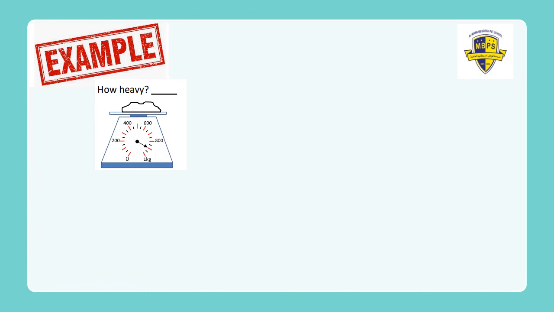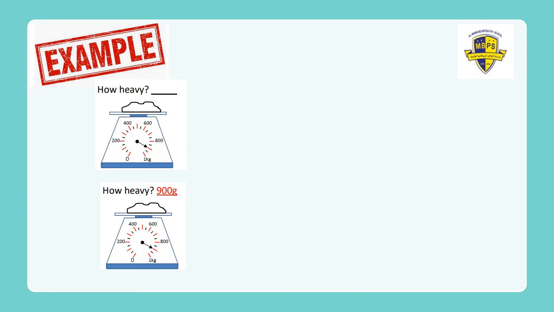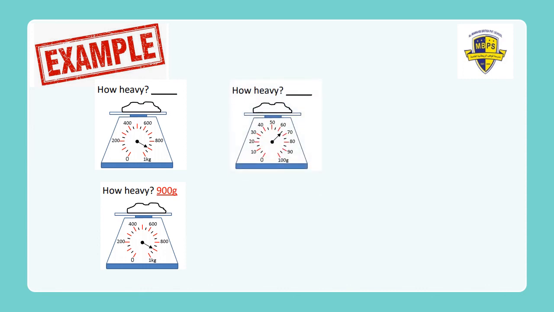Now, let's check how heavy this object is. Let's check our answer. This is 900 grams. The second one. Find 0. Now tell me, the numbers here are counting by what? Good, this is counting by 10. Between 0 and 10 we have 2 extra lines, so 10 divided by 2 equals 5.